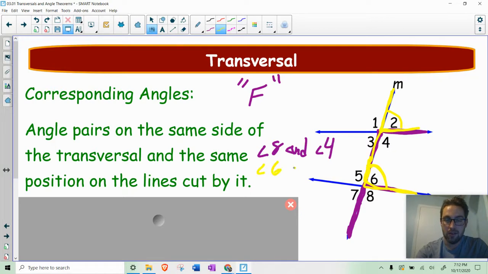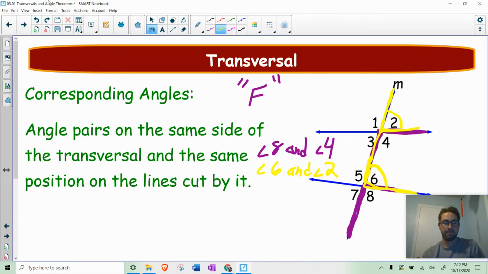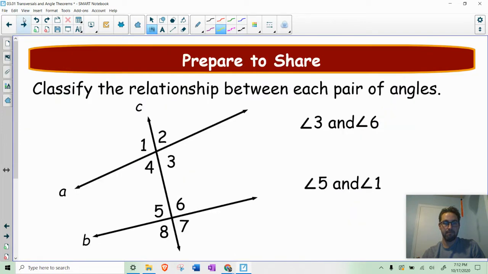But angle 6 and angle 2 are also corresponding angles. So what I will want you to do is be able to, if you are given, say, two lines, lines A and B, cut by this transversal C, and I tell you two angles, I want you to be able to tell me the relationship between them, which one of the angle relationships it is.